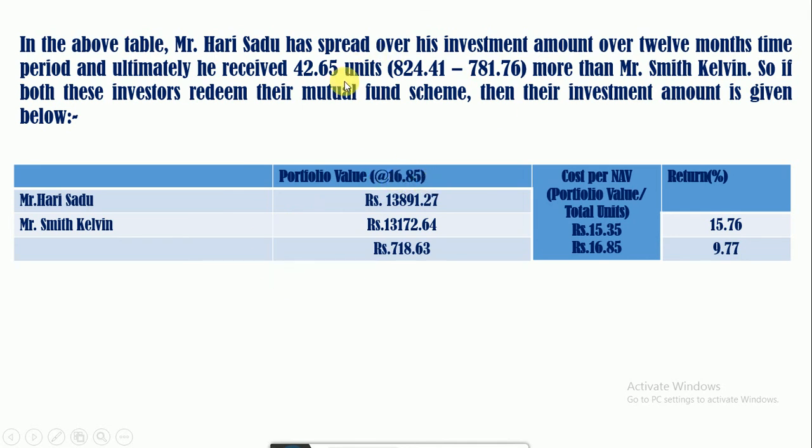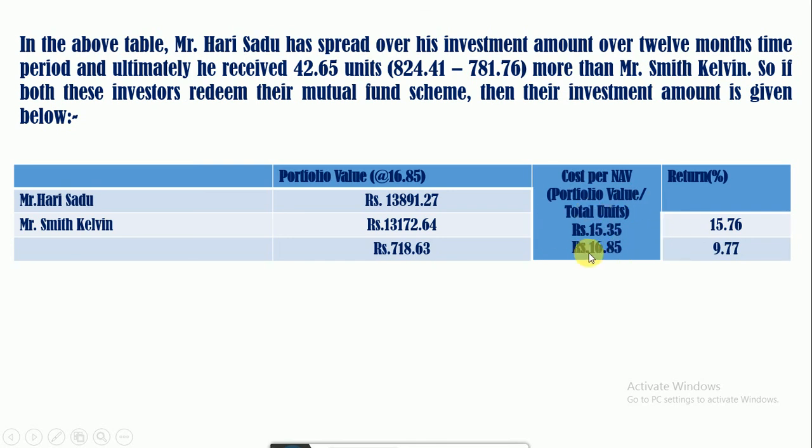So Hari Sadhu will get 13,891.27, and Smith Calvin will get 13,172.64, and the difference is 718 rupees 63.